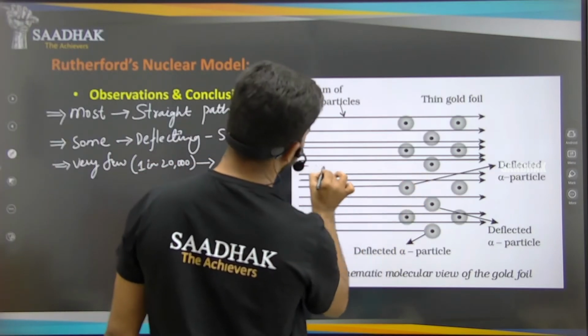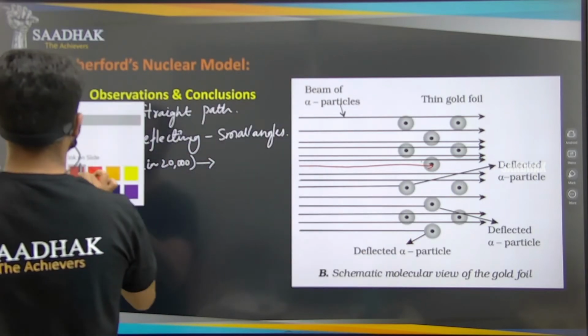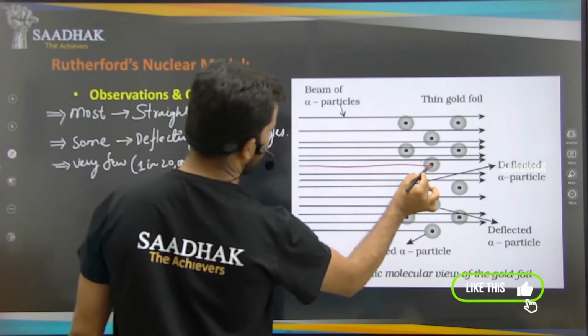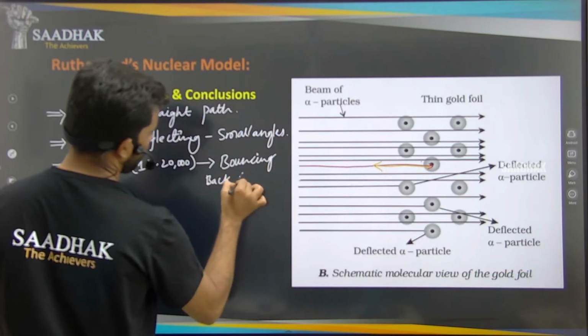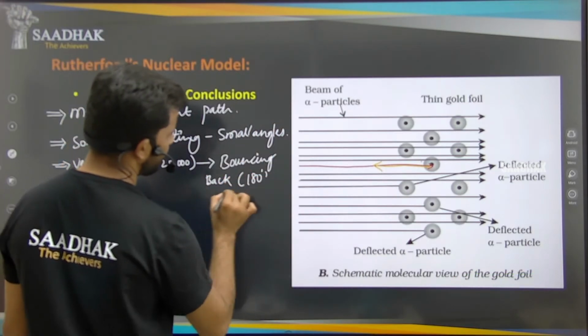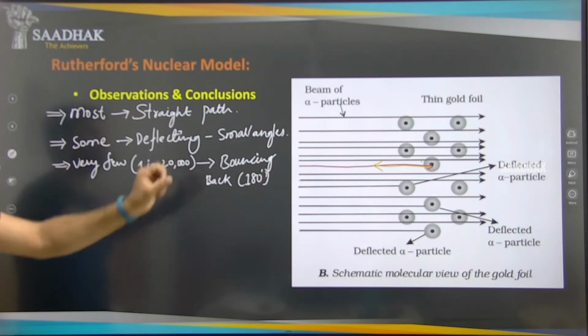If these alpha particles are striking like this here, they are bouncing back, or we can say at an angle of 180 degrees. So these are the main three observations that he made here.